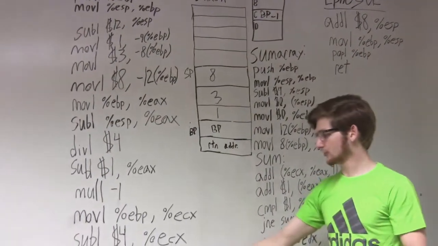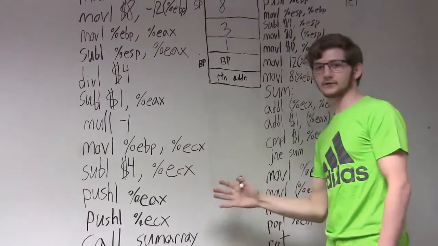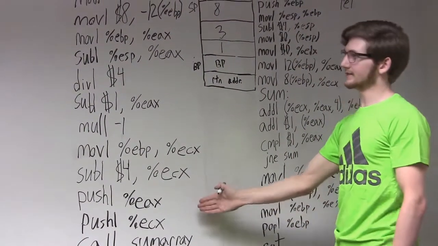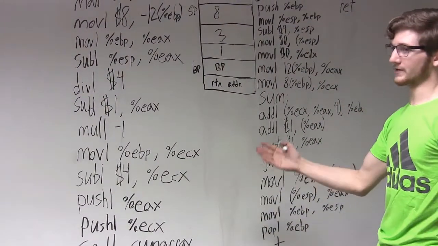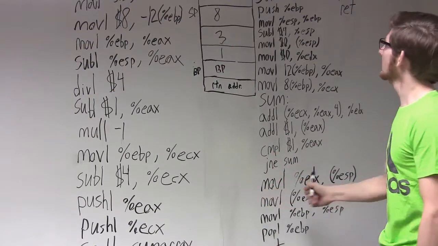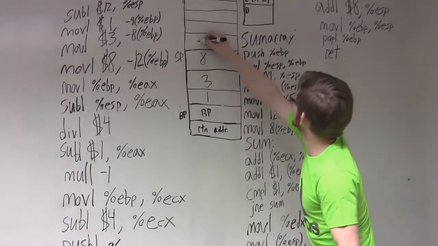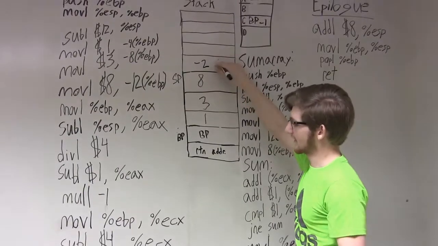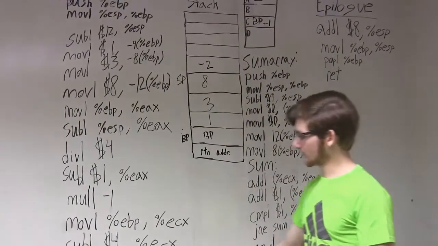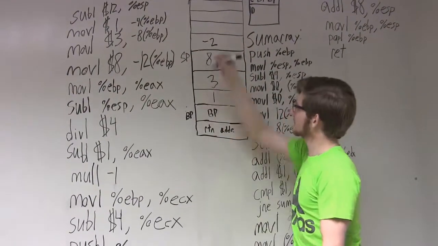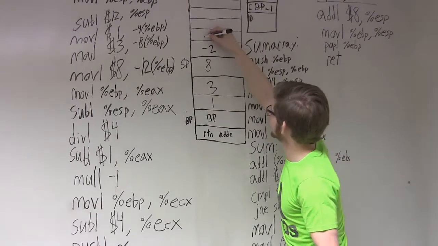We then push EAX because, first in, last out, it is the number of integers, or the number of elements in the array. So we are pushing -2 onto the stack first. Then we push ECX. This gives us BP minus 1's address.